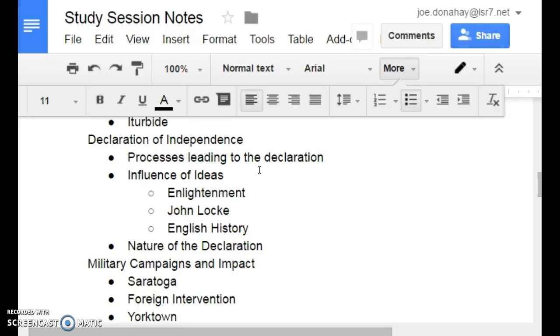And English history, because John Locke wrote in the time period of the Glorious Revolution, where the people of England, tired of fighting in the aftermath of their Civil War and Cromwell's Commonwealth, many, I shouldn't say all of the English people, but the Parliament and many in England wanted to overthrow James II, and they invited his daughter, Mary, and her husband, William of Orange, from the Netherlands, to become the new king in the Glorious Revolution.